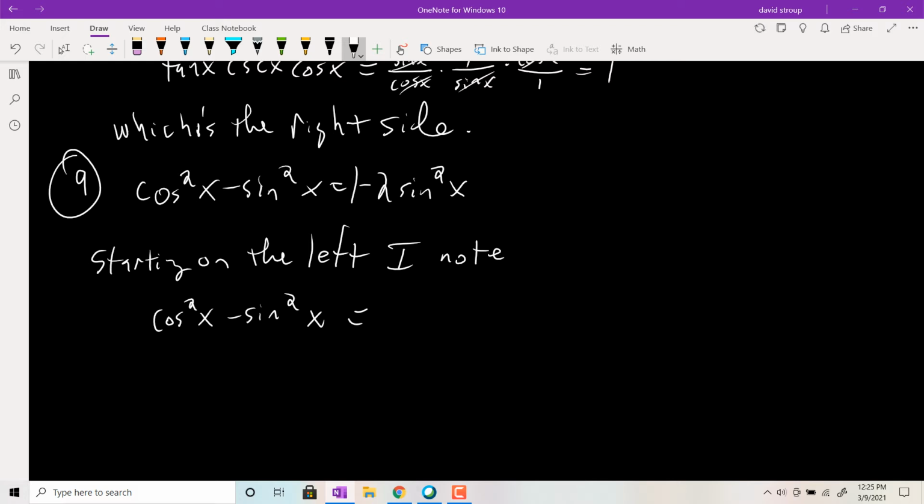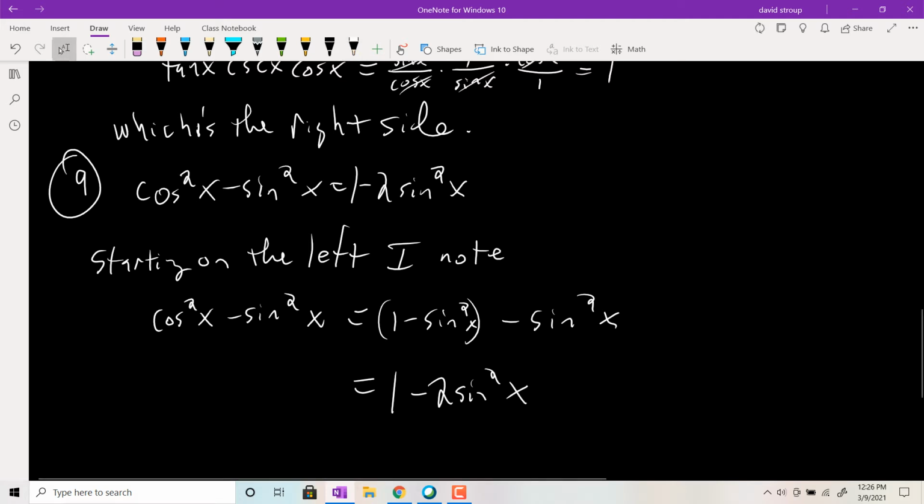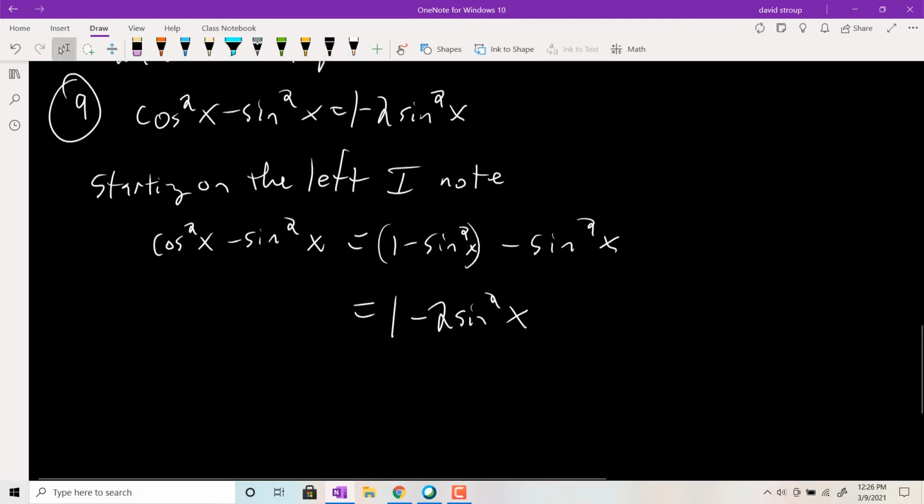That suggests I should replace cosine squared using a Pythagorean identity. If you remember, cosine squared plus sine squared is 1, so cosine squared must equal 1 minus sine squared. Then we can drop the parentheses and combine like terms. We end up with 1 minus 2 sine squared x, and that's the right-hand side, which is what I want to show.